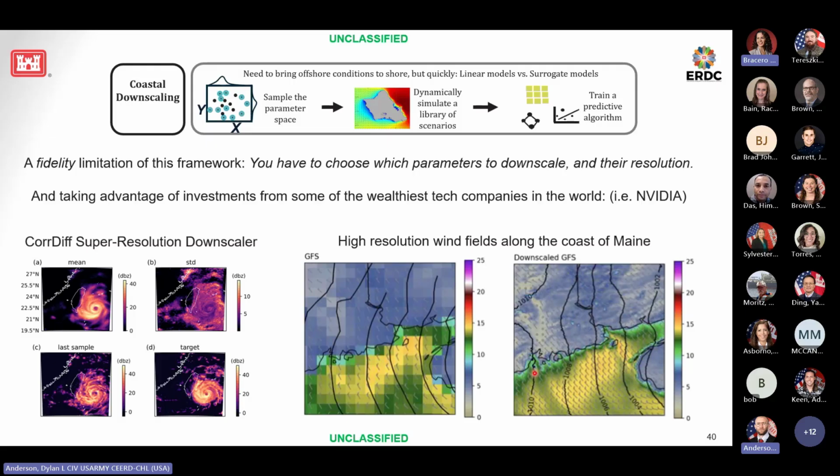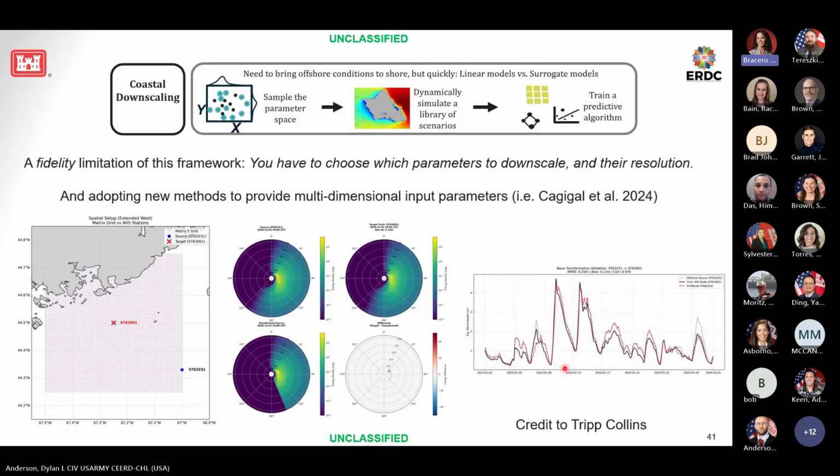We are seeing actual downscaled wind fields that are able to account for the local topography, and we could actually get much better locally resolved wind fields to now downscale to our wave models and really super resolve this larger scale weather concept to our local site. Just shows you the immense potential that AI has as we move forward.